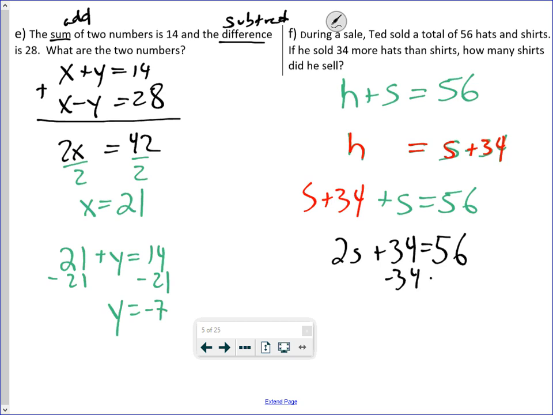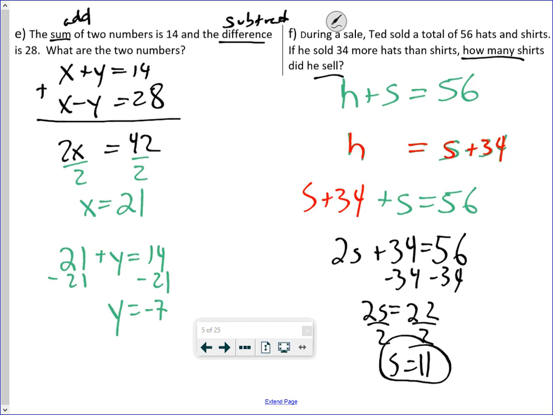Subtract 34 from both sides, and I'll get 2S equals 22. Divide both sides by 2, S equals 11. So the question asks, how many shirts did he sell? He sold 11 shirts.